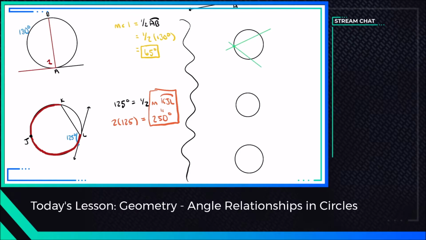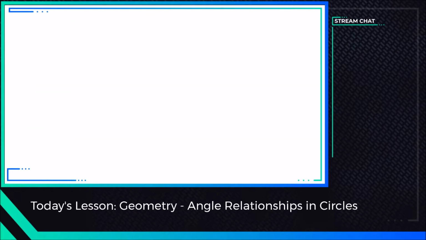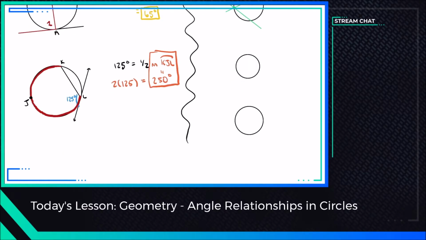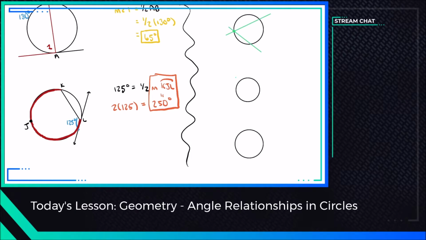Two lines can intersect on the circle, they can intersect in the circle, or they can intersect outside of the circle. That's tricky to draw, because we want them both to go through the circle. So those are the only three places that two lines going through circles can intersect.